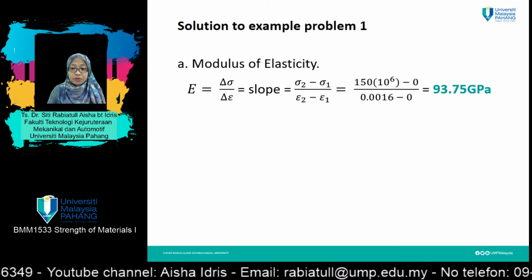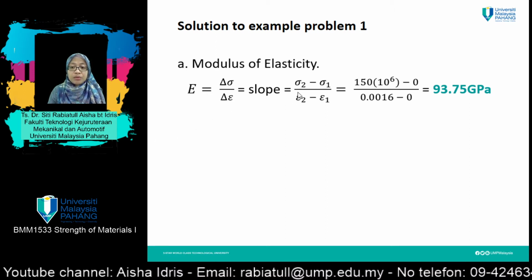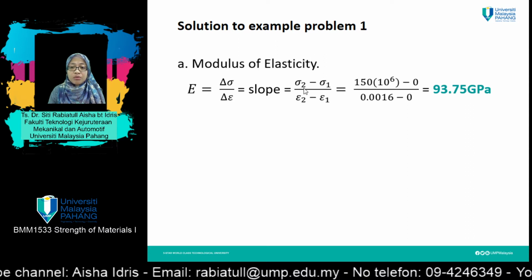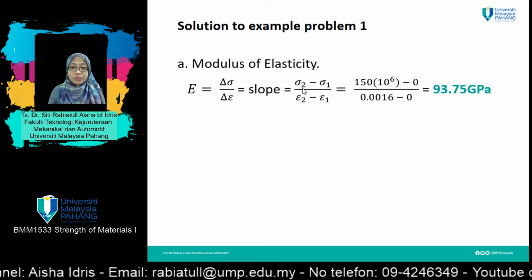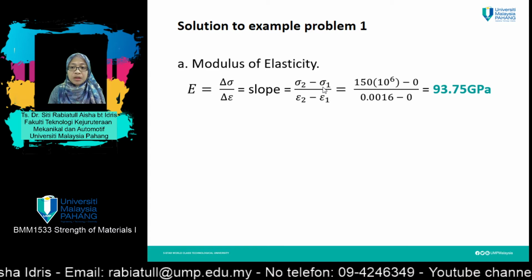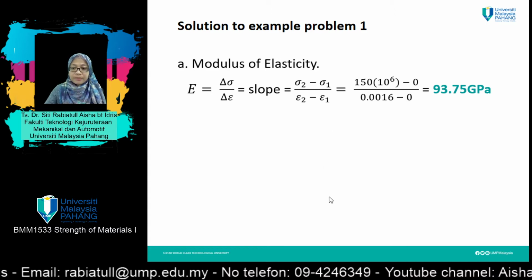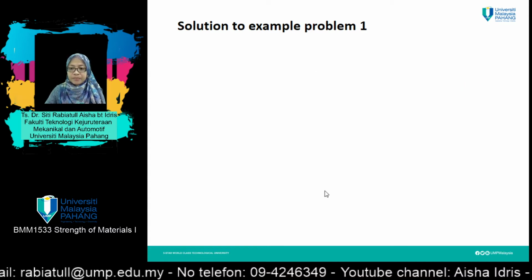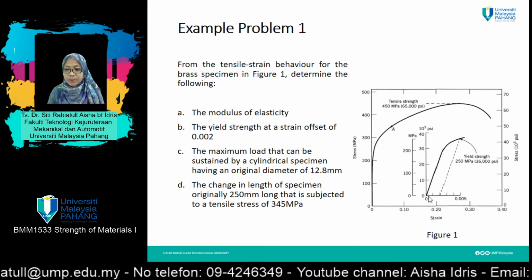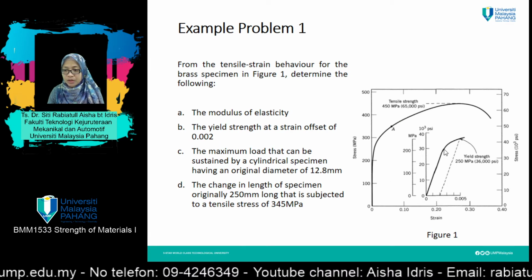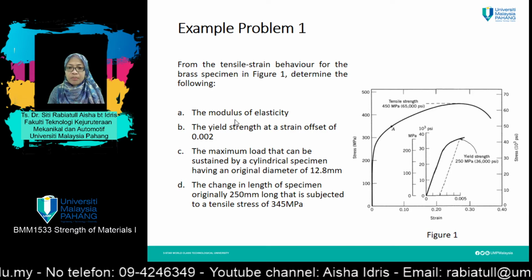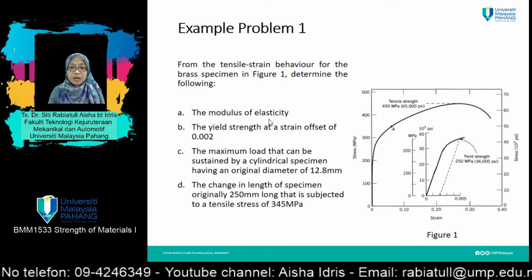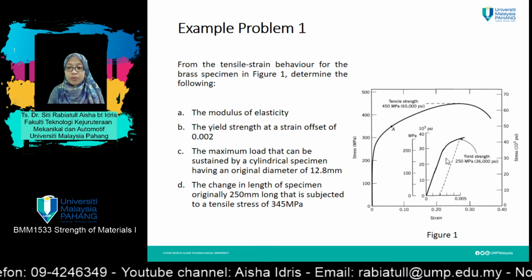So if you refer to the graph just now, you can see the values of stress sigma 2 and sigma 1, which are at this point, sigma 2 at the elastic region. Remember, modulus of elasticity only exists in the elastic region.